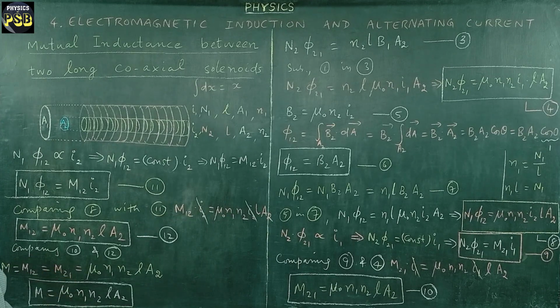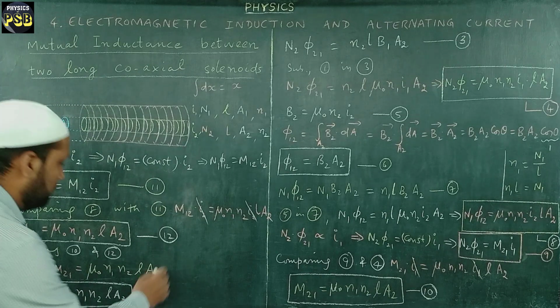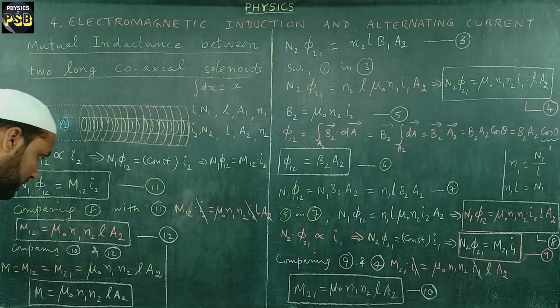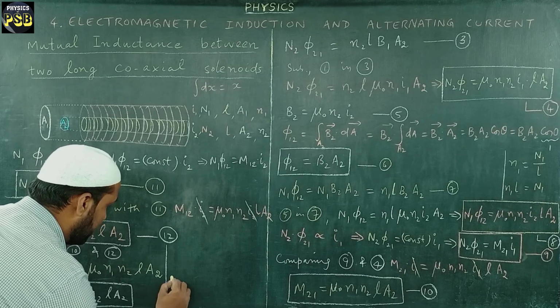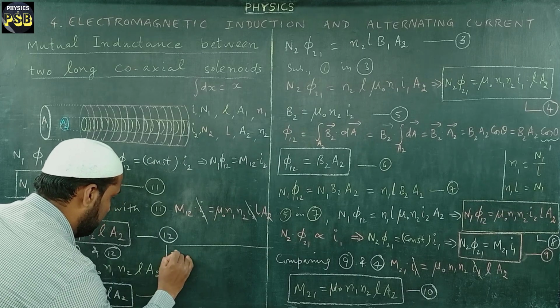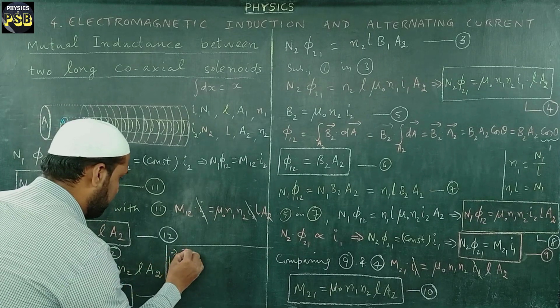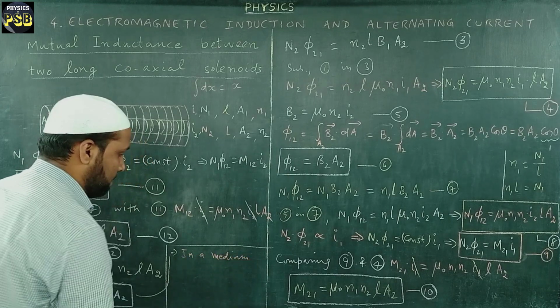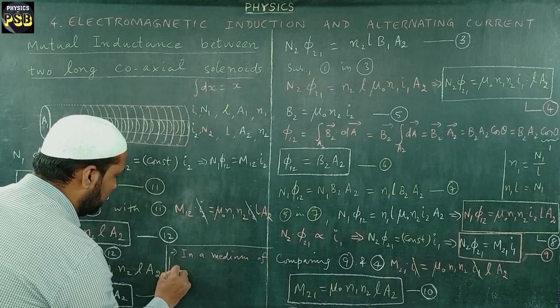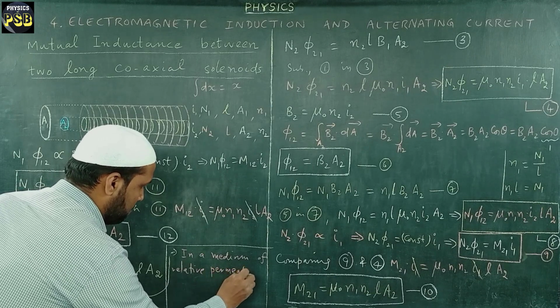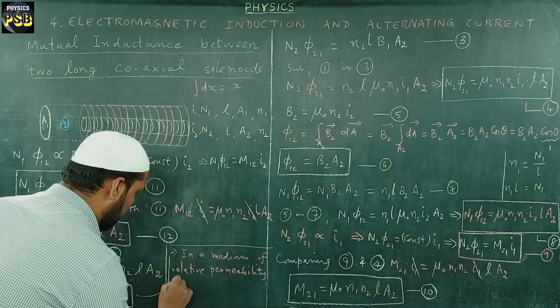And here, suppose these solenoids are placed in a medium of a relative permeability mu r, then this equation can be written as M. Here, this can be written as in a medium of a relative permeability mu r.